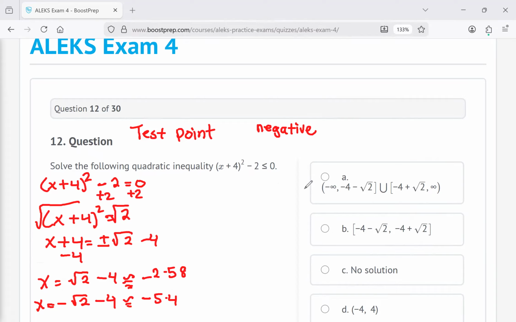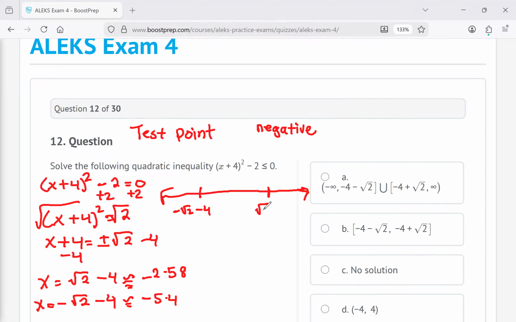So if you put this on a number line like this, the smaller number goes to the left, so it would be right here. This one right here, so that's negative √2 − 4. And then the larger, more positive goes to the right.